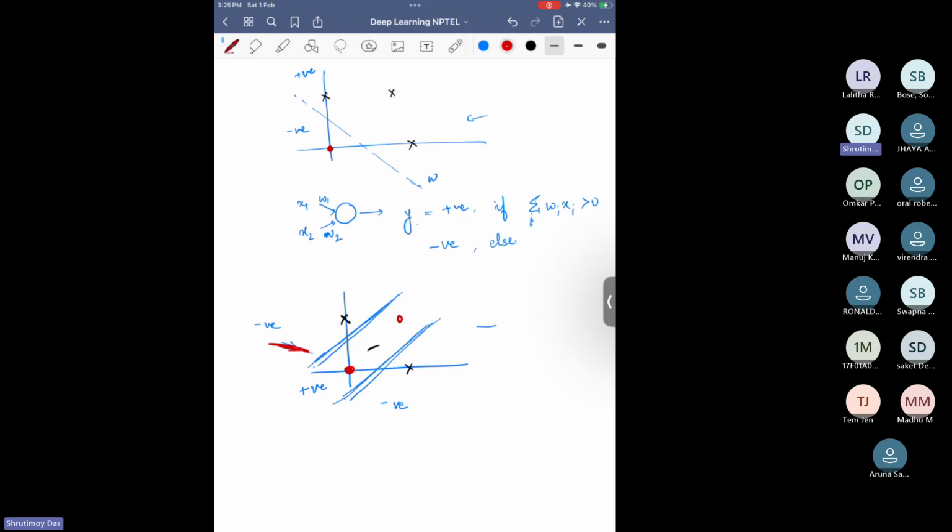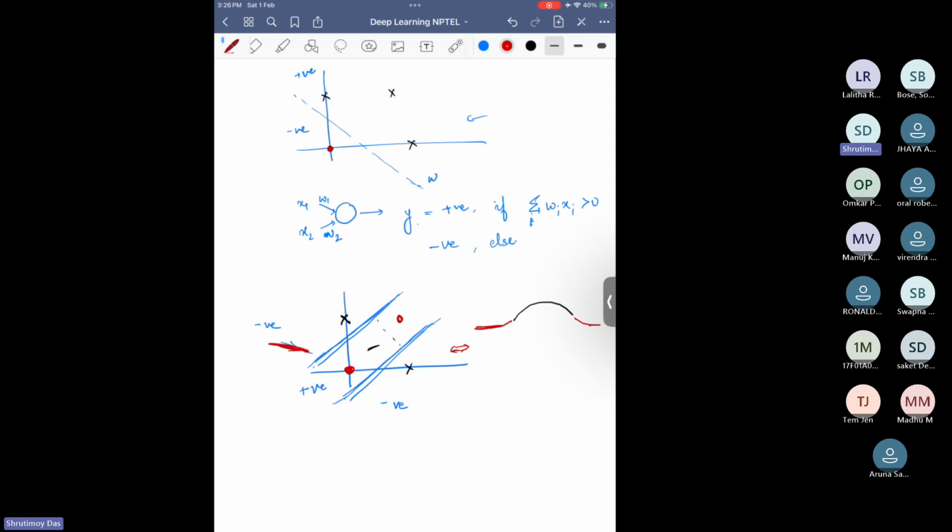When you're in this region, you're in the negative region, so your sigmoid is less than the threshold. Once you are in this region, you have some positive output, and then again you go back to the negative output. So these two things are correlated.